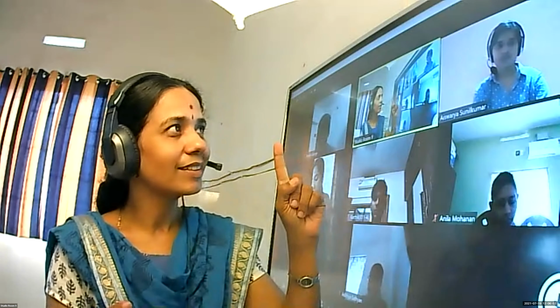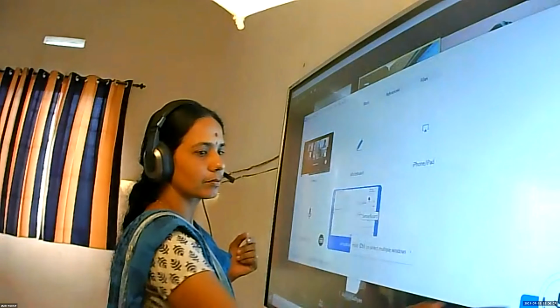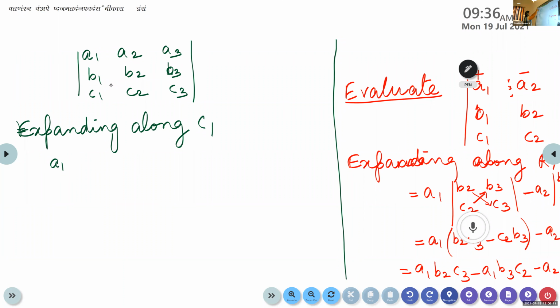Positive. Okay, the first element is positive, so the first element is A1. Leave the row and column containing A1. If you leave this, what is left? Determinant B2, B3, C2, C3. And for the second element, what is the format?